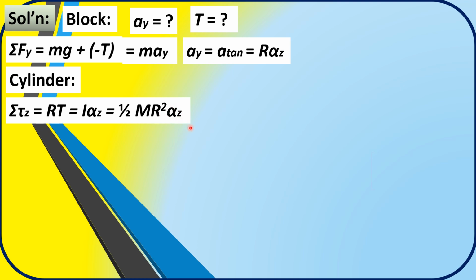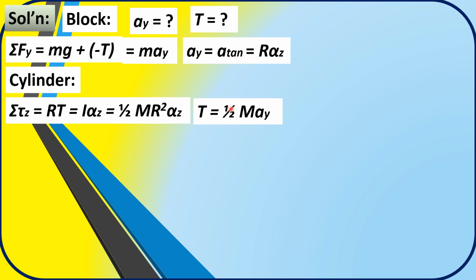So that is substituted here, and we will come up with the formula for the tension capital T, which is capital T equals 1/2 times the mass of the solid cylinder, the big M, multiplied by a sub y.